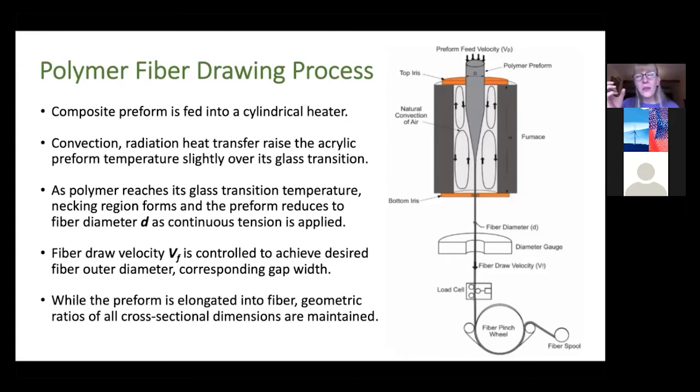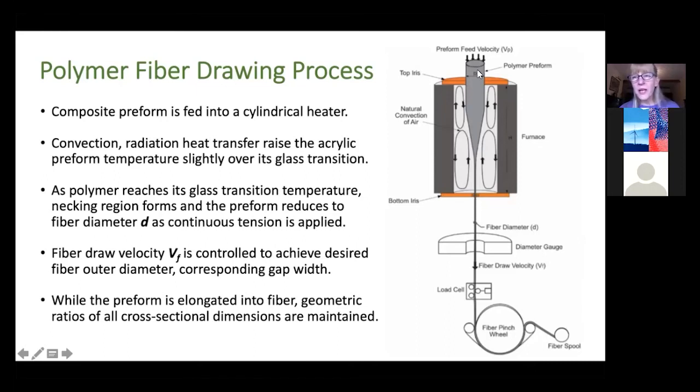And then the material will neck into the fiber diameter. And as long as you're providing a fairly uniform tension, and as long as the convective patterns inside of the cylindrical heater are stable, you'll get a fairly consistent diameter.